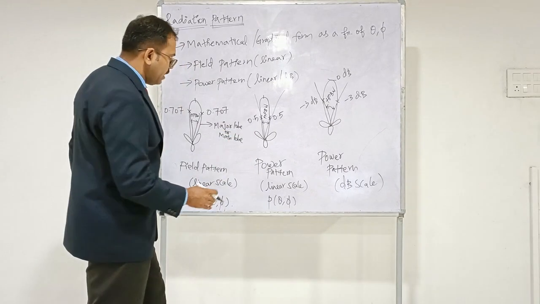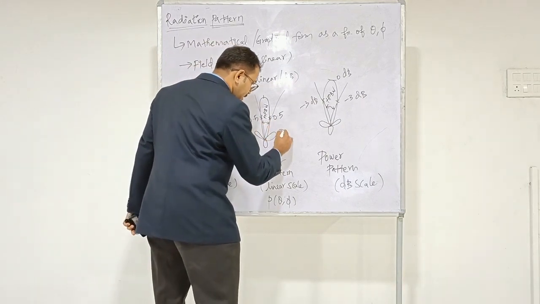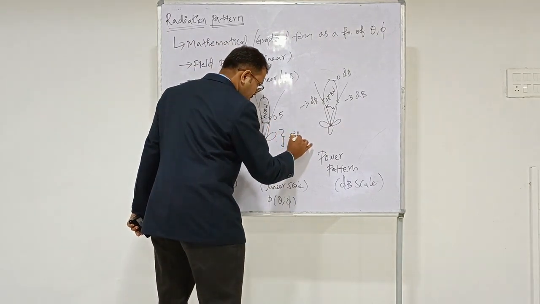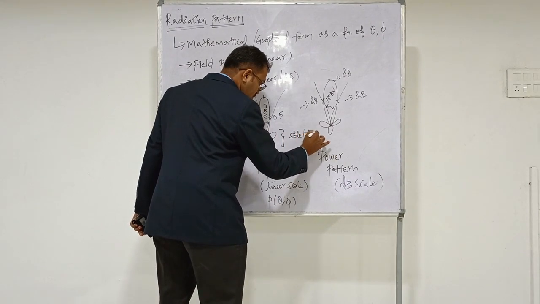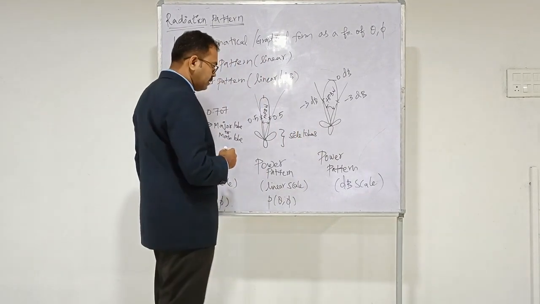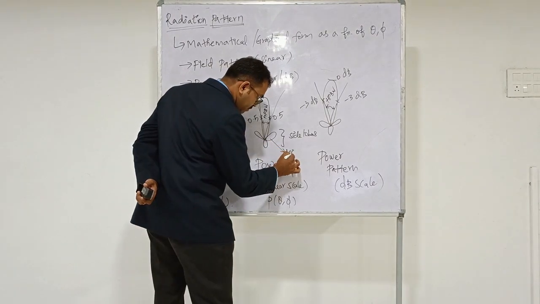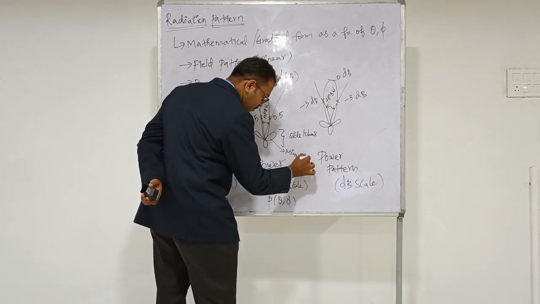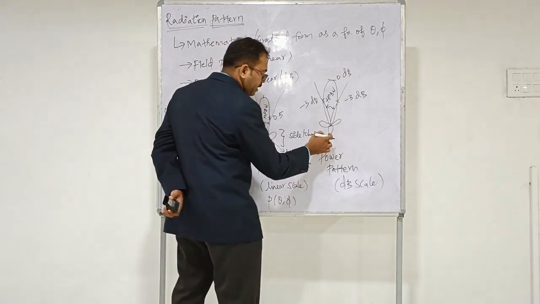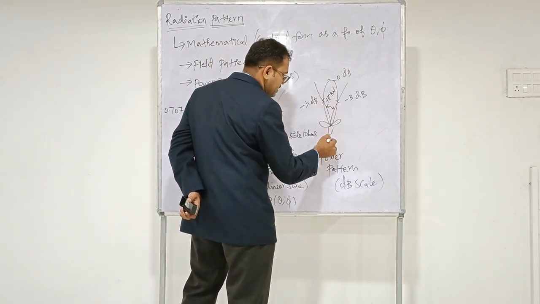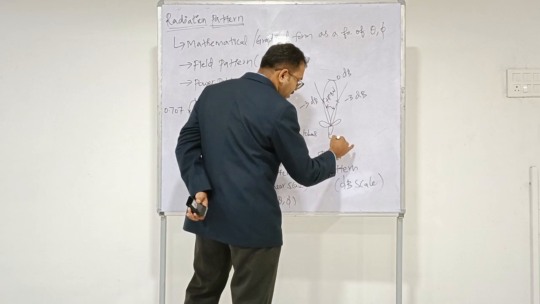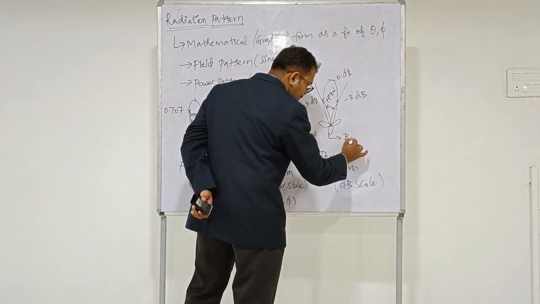And the rest of the things I can call side lobes. And the largest side lobe, I call it the minor lobe. And this radiation lobe, which is exactly opposite to the maxima, I call it the back lobe.